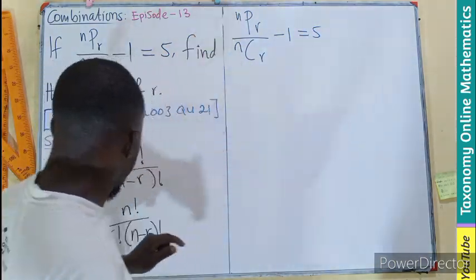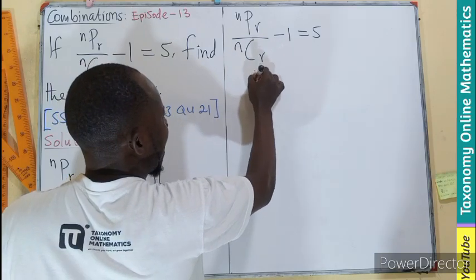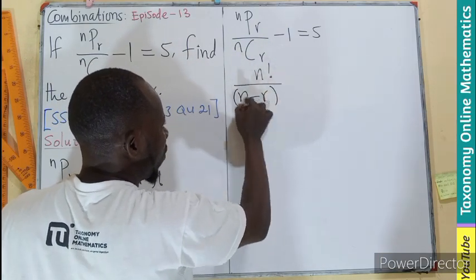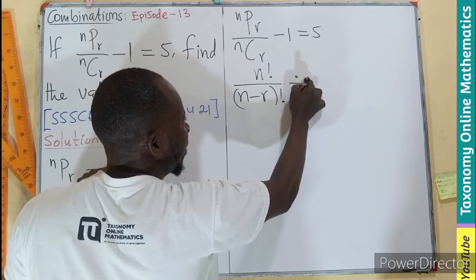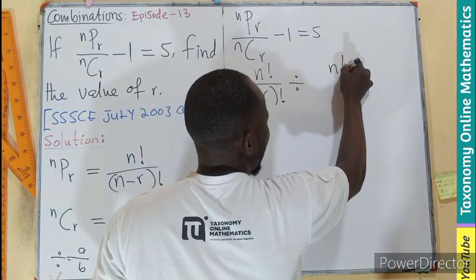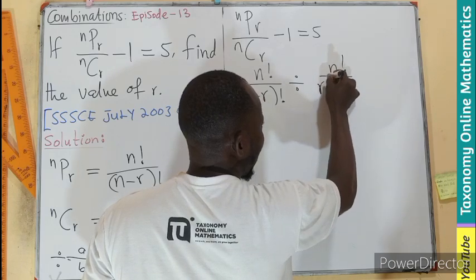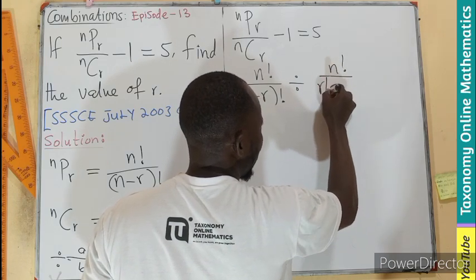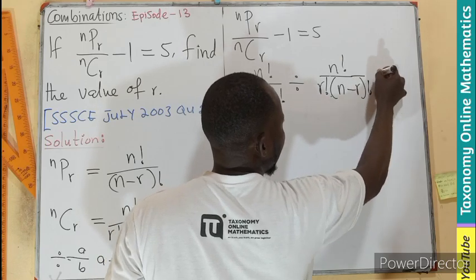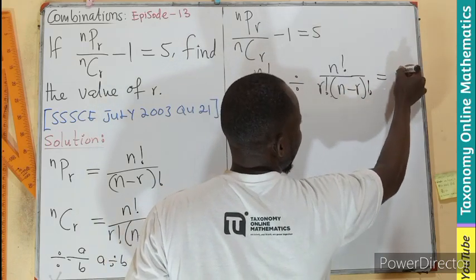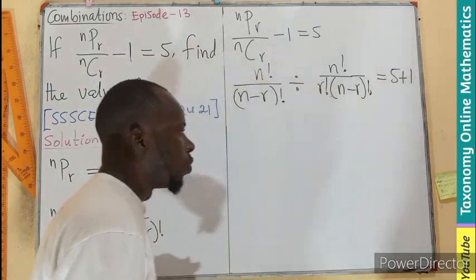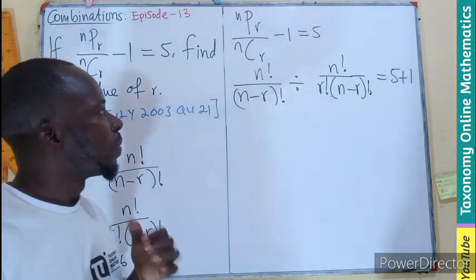So right here, I should be having n factorial over (n minus r) all factorial divided by n factorial over r factorial, then (n minus r) all factorial. This will be equals to 6, but let me write 5 plus 1 to show the progression that we are following.